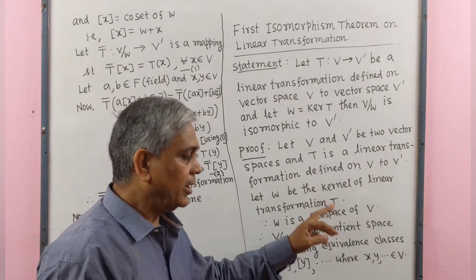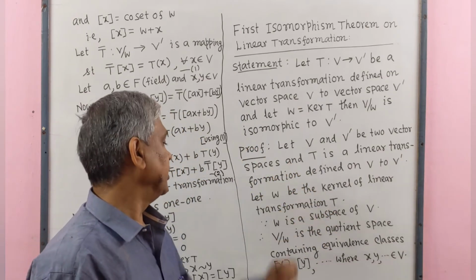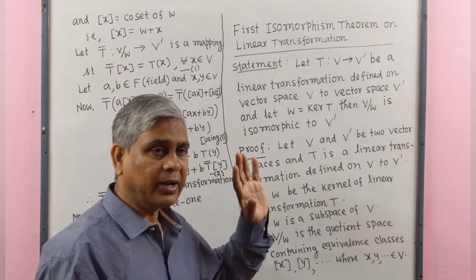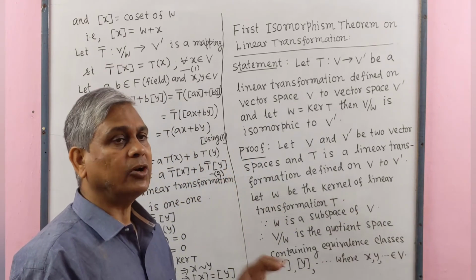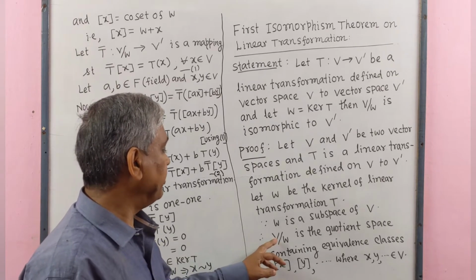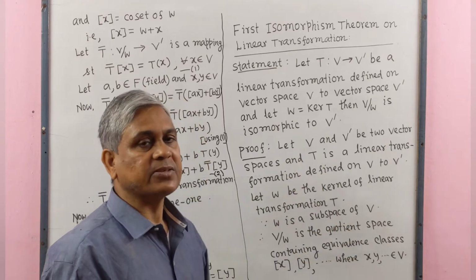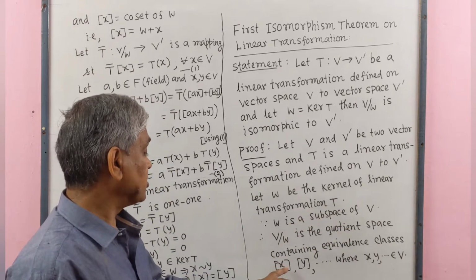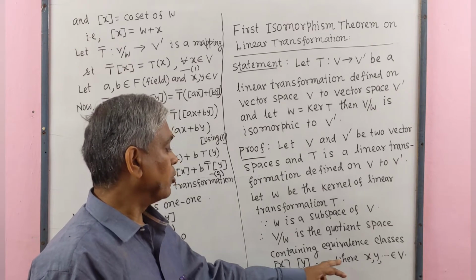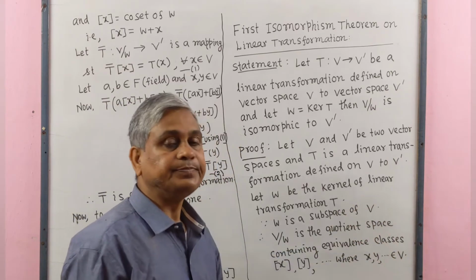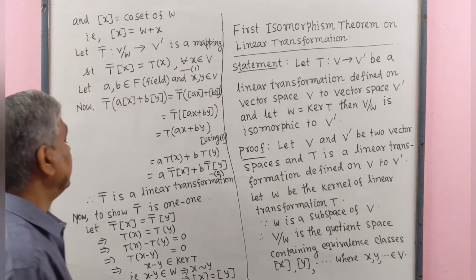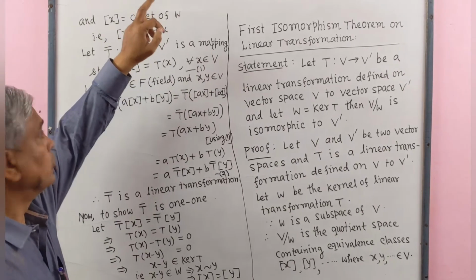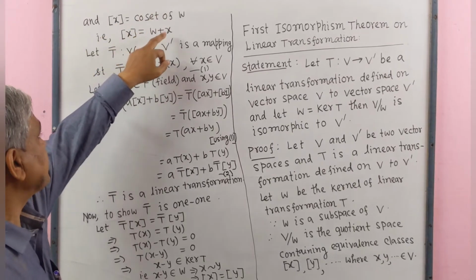Let W be the kernel of linear transformation T. Since the kernel of T is a subspace of vector space V, therefore V by W is the quotient space containing equivalence classes, class X, class Y, and so on, where X, Y, and so on belong to vector space V, and class X is the coset of W, that is class X equal to W plus X.